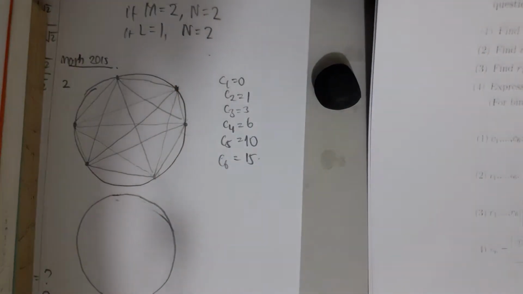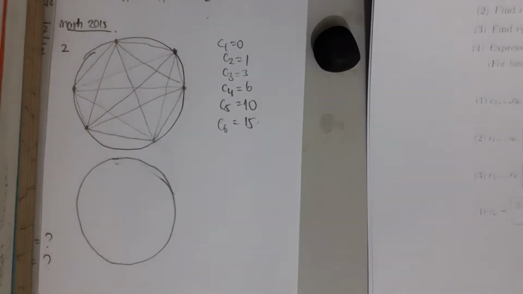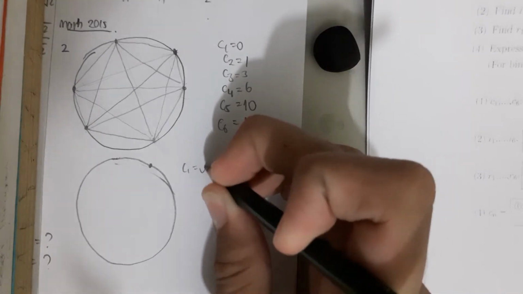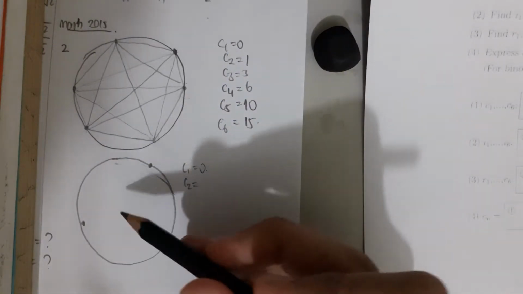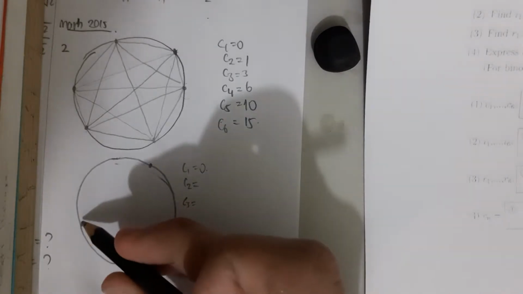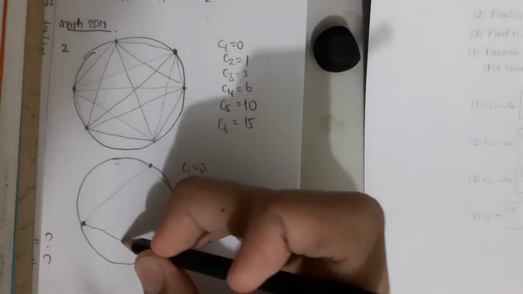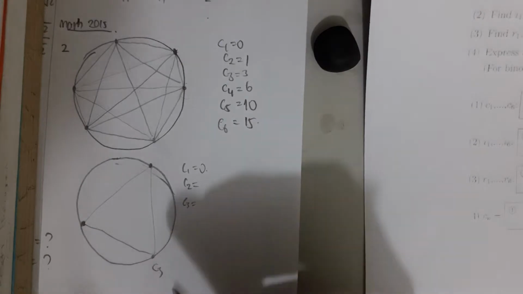For this particular circle, we draw 1 point. There's no intersection, right? For 2 points, of course, there is no intersection. And for 3 points, let's join this line, even if it is in this position, there is no intersection.